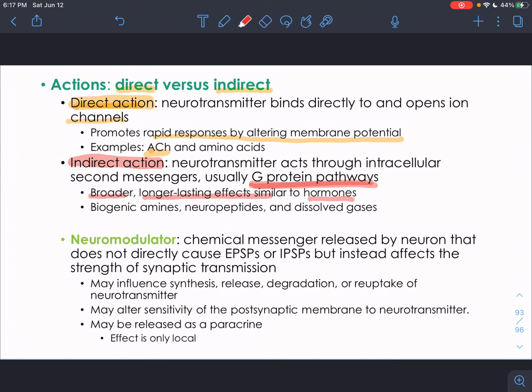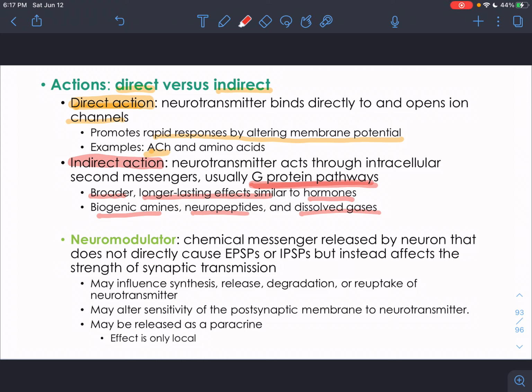So if you're activating a G protein, you're going to see the effect happening for a longer period of time. It might take longer for it to be initiated, but it's going to stick around longer. Okay, so the biogenic amines, neuropeptides, and some of those gases like nitric oxide are going to work through G proteins.